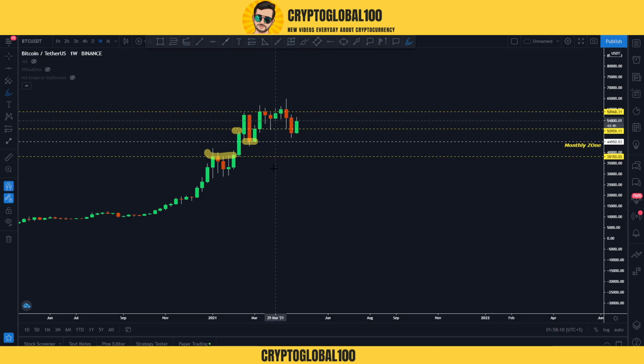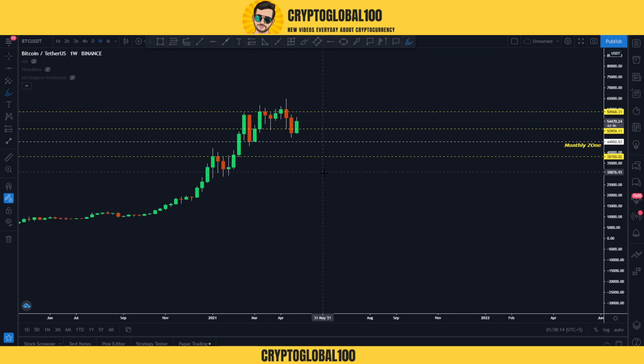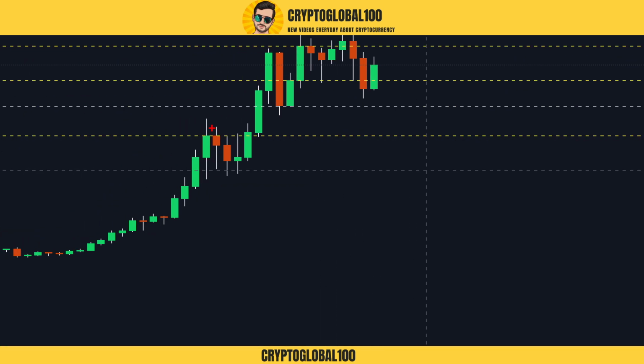Let me tell you so that you can have an idea. You see here the price rejected this area, went up, and this made a new resistance. After that the price came down and made this new support, and then again went up, making new resistance, and then it was rejected and went down.